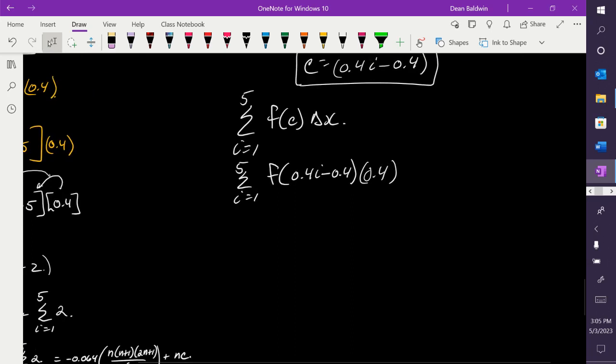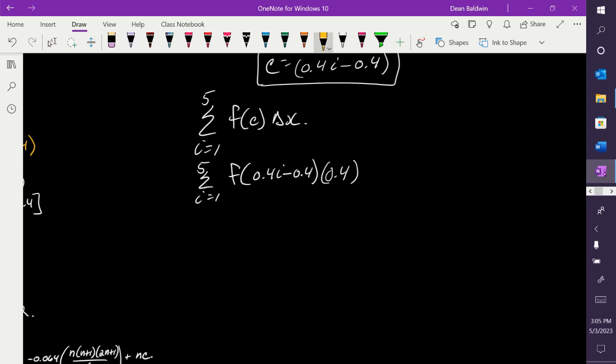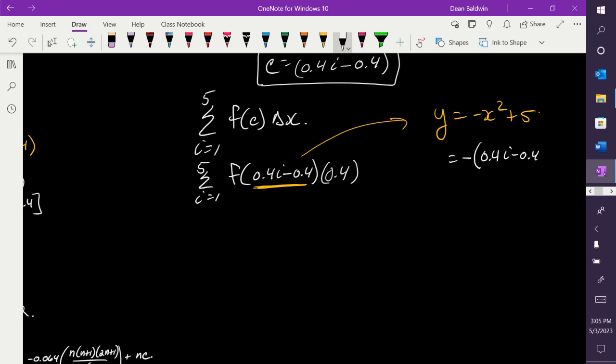I'm just going to do this off to the side because it's going to be kind of messy. Remember, whatever's in brackets here goes where? It goes in for our function. Our function is negative x squared plus 5. So if I put that in, I'm going to get negative bracket 0.4i minus 0.4, squared, plus 5.